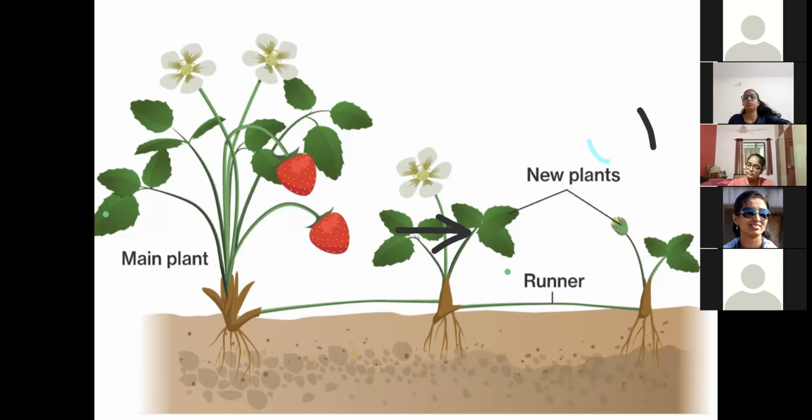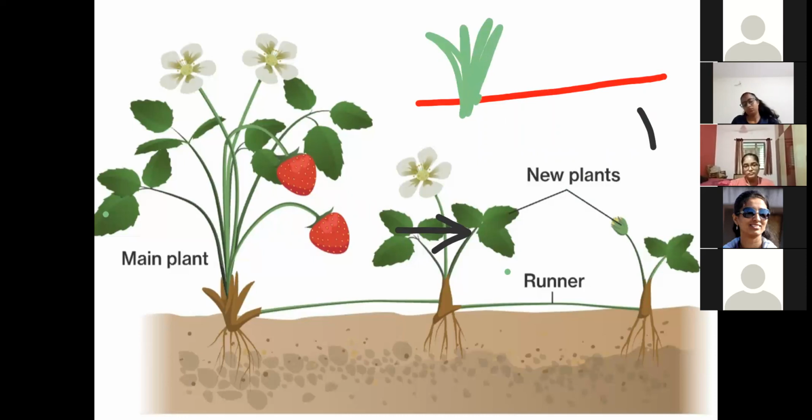Next, remember, suppose this is the soil surface. This is the main grass plant body. Here their stem is there, which grows parallel to the soil surface. Here their root system is present. Now a new grass plant body forms where the node is there. Why? Because in the node region meristematic tissues are there.